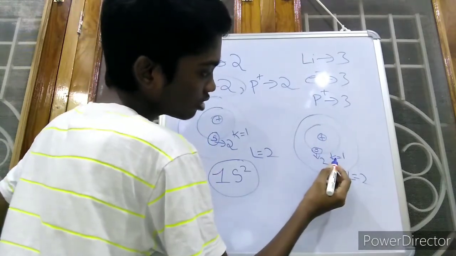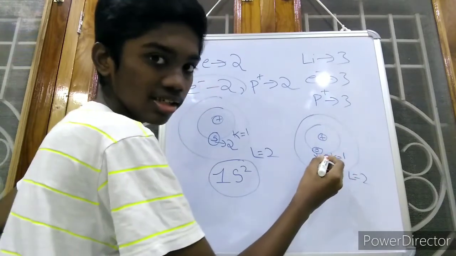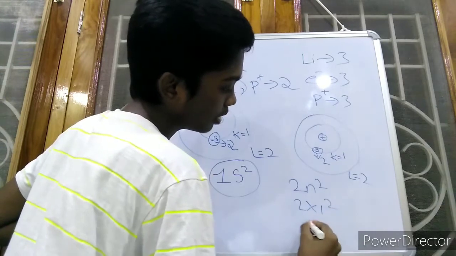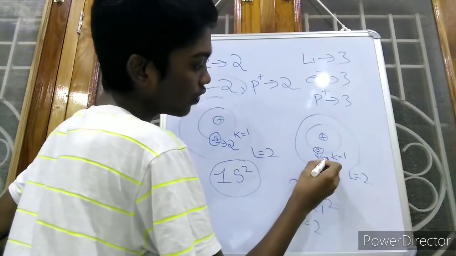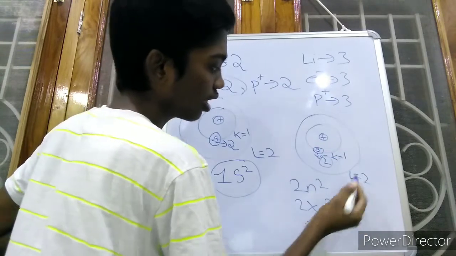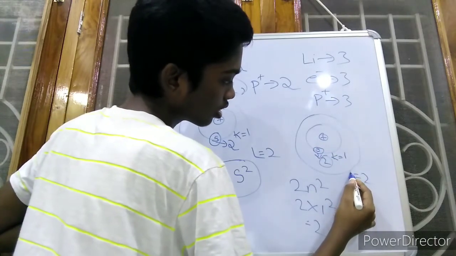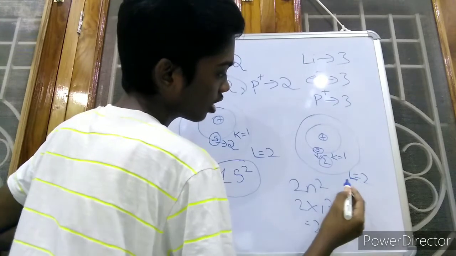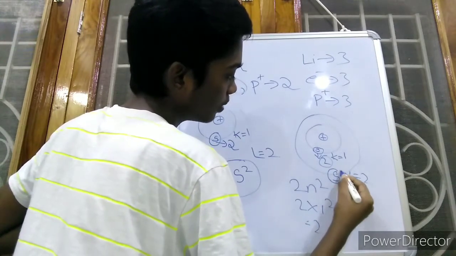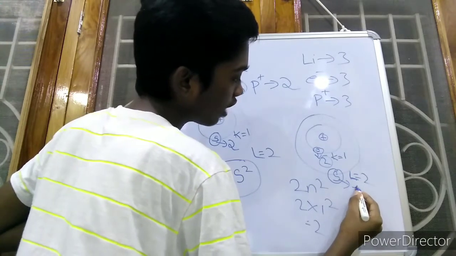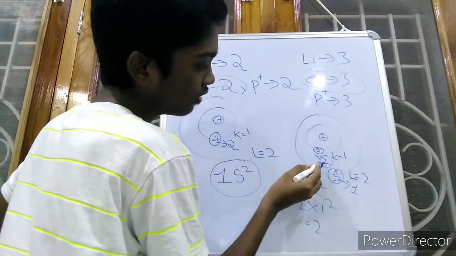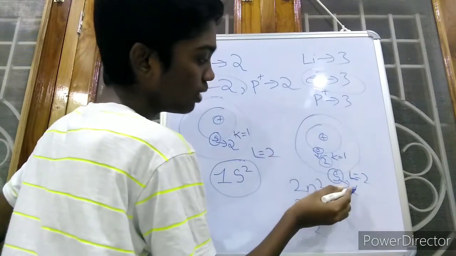We know the capacity of orbit K is given by the formula 2n squared, 2 into 1 squared, which is nothing but 2. Here we have already filled 2 electrons, so we have to move to the next shell. In orbit L, we again take the s subshell, and here we fill 1 electron. Why? Because it has only 3 electrons: 2 plus 1 is 3.